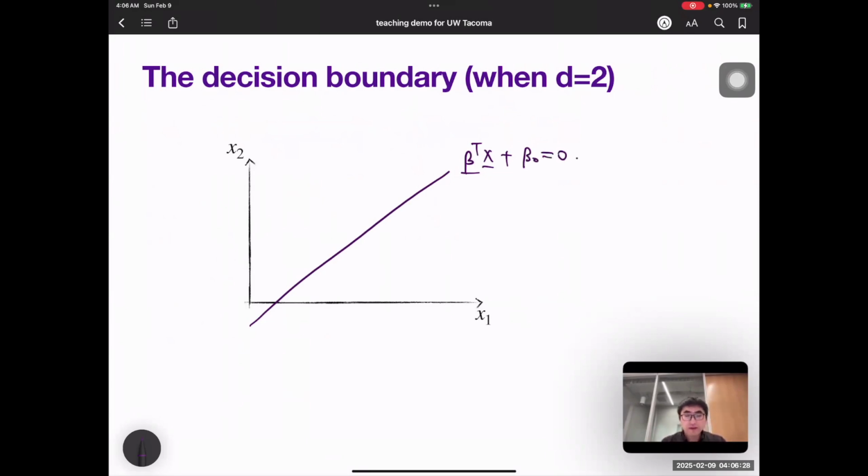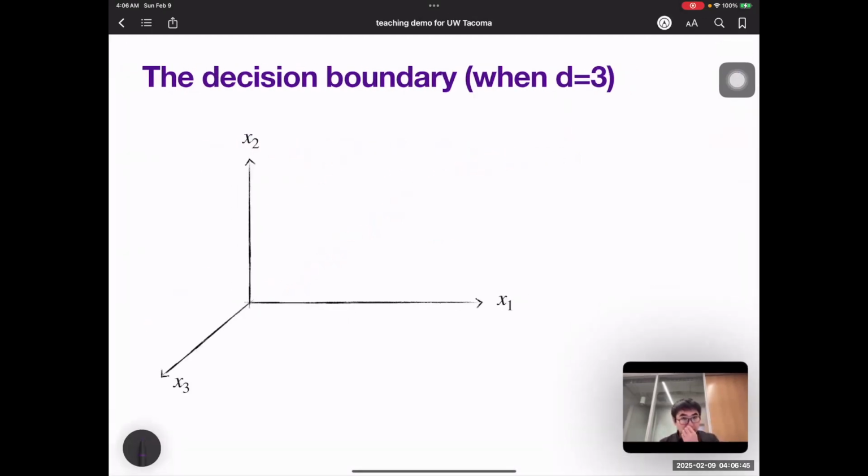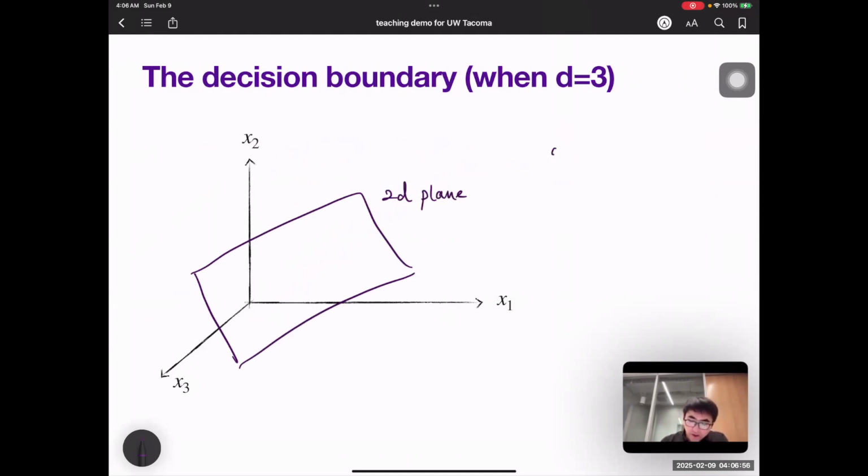It partitions the space into two parts. One part is evaluated to be positive, and the other part is evaluated to be negative. When D becomes 3-dimensional or more, for example in 3 dimensions, it's no longer a line, it's a 2D plane. When D is larger than 3, it becomes a D minus 1 dimensional hyperplane.